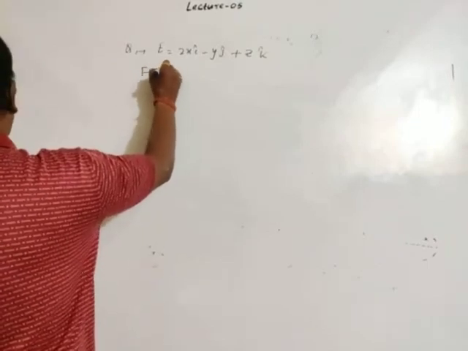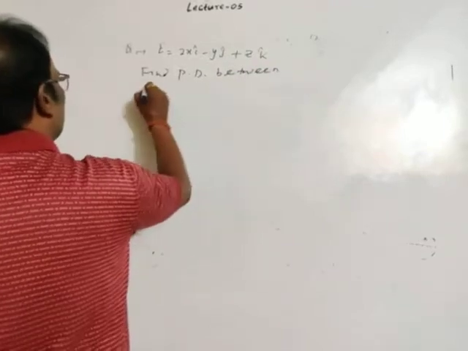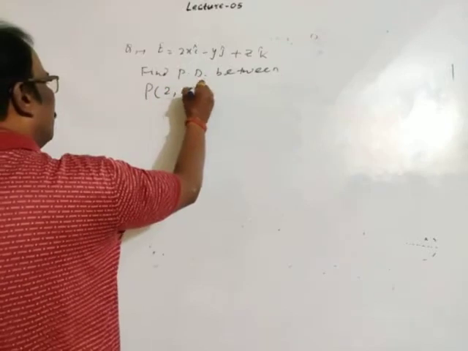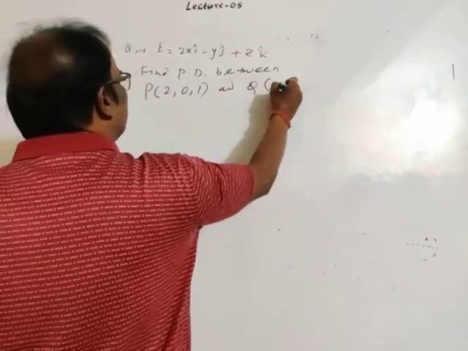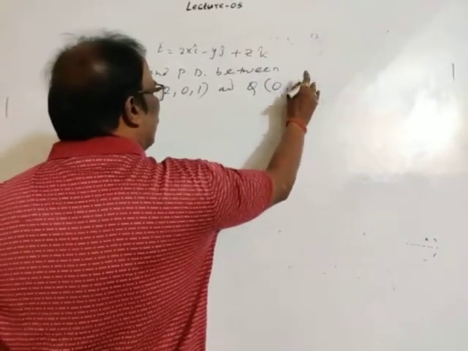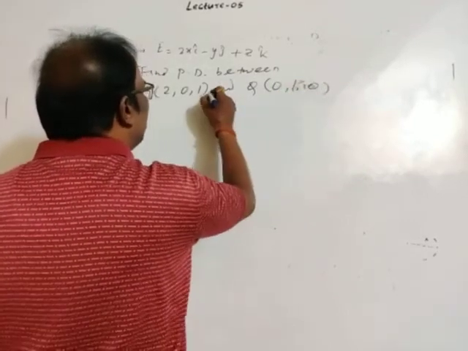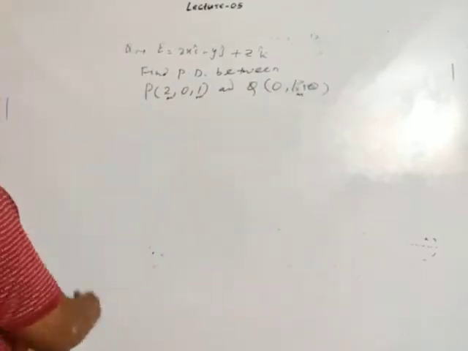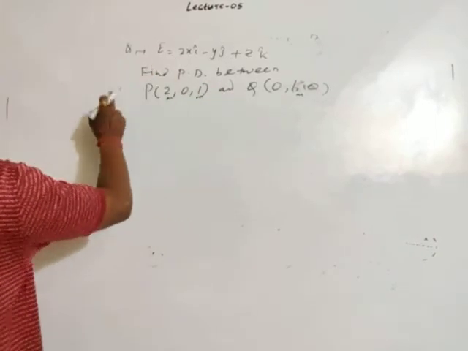Find potential difference between point P, suppose coordinates are 2, 0, 1, and Q, suppose 0, 1, 0, all in meter. We have to find potential difference between P and Q. This is a very easy question.